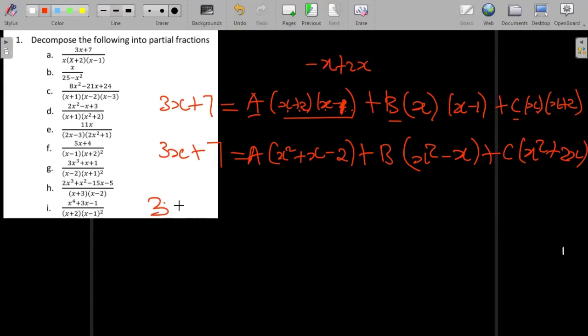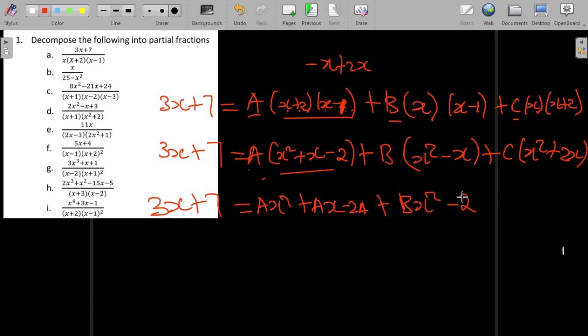So 3x plus 7 is equal to, expanding this, Ax squared plus Ax minus 2A plus Bx squared minus Bx, plus Cx squared plus 2Cx.